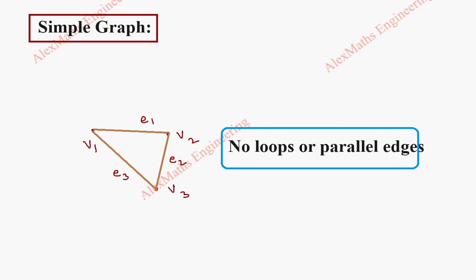For example, if I take V1, V2, then V3, and if I connect this with the edges, and if I name the edges as E1, E2, E3, in this graph we find there are no loops present or no parallel edges present.